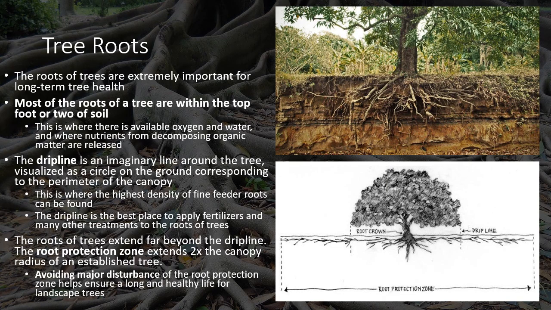Another thing to consider is the less oxygen and water and mineral nutrients that the tree has access to as the area around it is paved, the less likely it is to do well. So, 2 very important ideas there: the drip line and the avoiding disturbance of the root protection zone helps your trees do a lot better in a landscape.